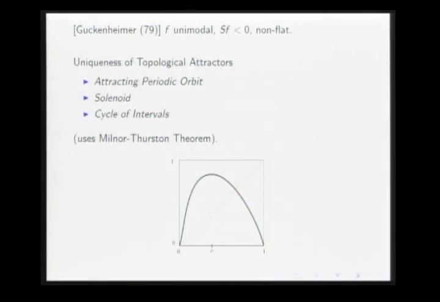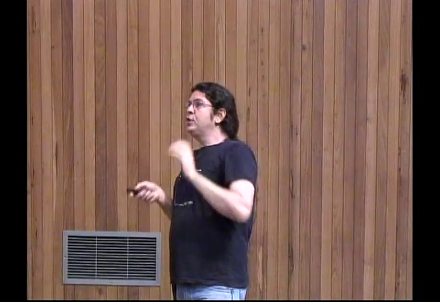He got that it can only be an attracting periodic orbit, a solenoid, or a cycle of intervals. But to do this, he used the Milnor-Thurston theorem to have a semi-conjugacy with an affine map with constant slope.